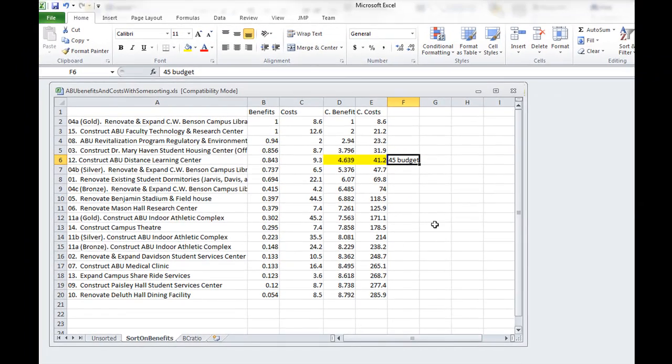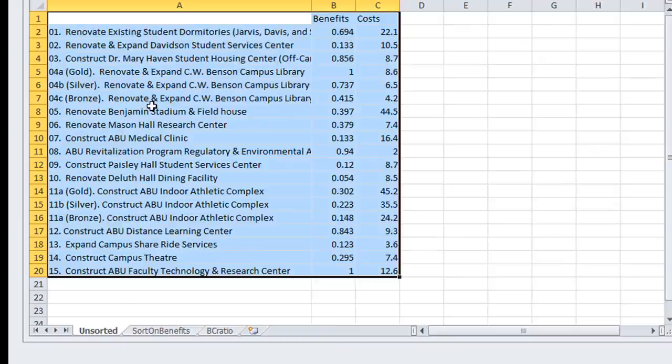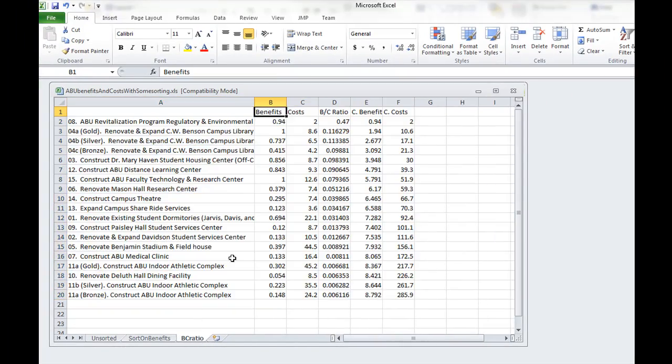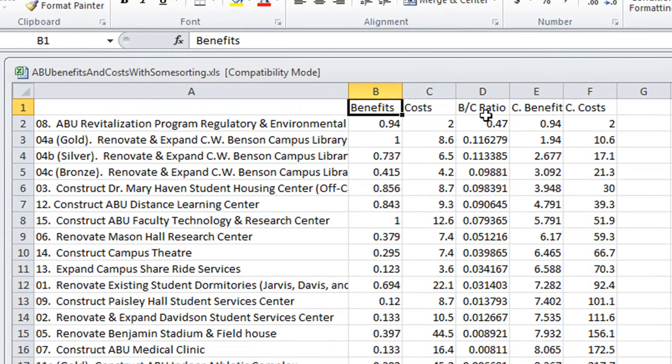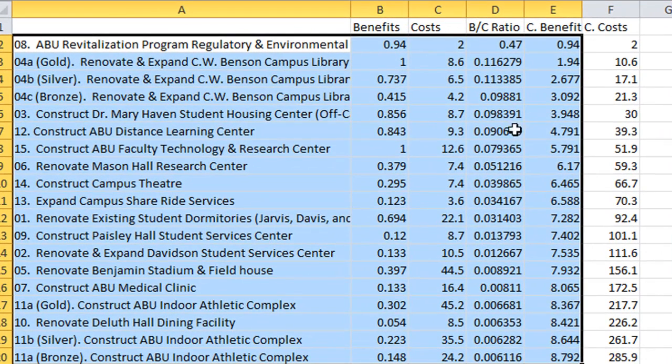Next, what we'll do is to sort on benefit cost ratio. So I took the information in the first tab, created a new tab, put those in here, then created another column called benefit cost ratio, which was equal to the benefit column divided by the cost column. Copy that formula down. And then what I did was to highlight all of these and sort on benefit cost ratio.